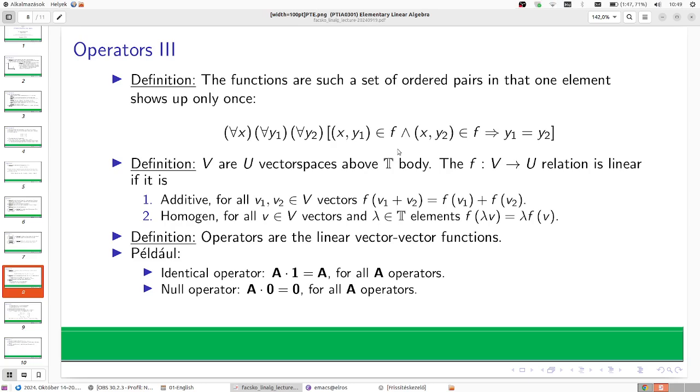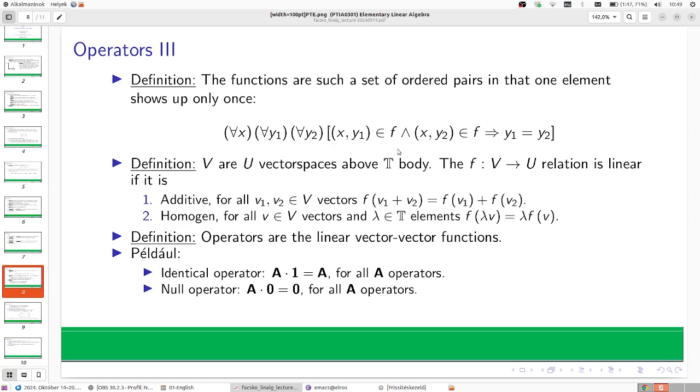And now something more difficult: linear relation. Vector spaces are nothing more than a set of vectors. We have two vector spaces, actually vectors, and a body.